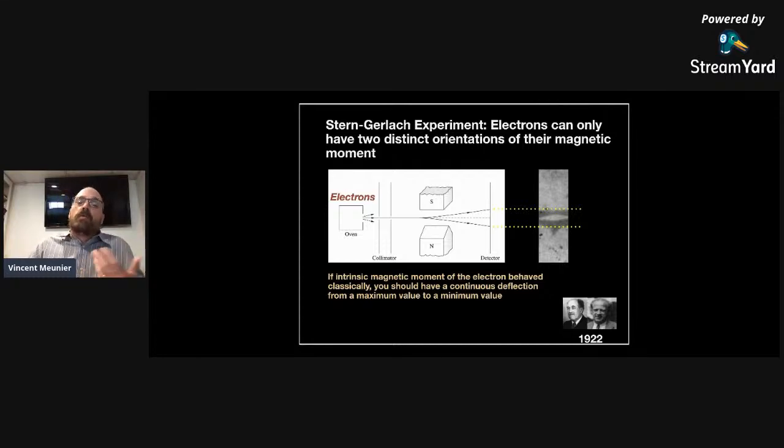Now, one thing I'm going to do from now on is to describe those weird quantum mechanical states as up and down, and I will use Dirac notation, which is the brackets, and this cat notation. In fact, this is a cat.